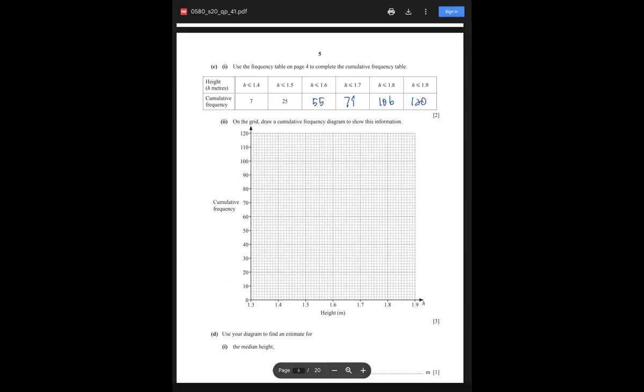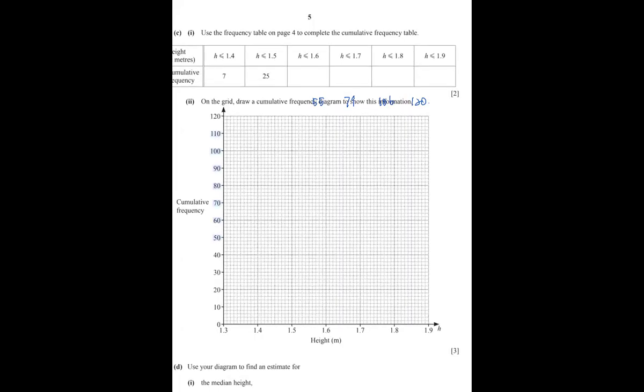Draw frequency diagram. This one is free marks. If you get your plots correct, drawing should be easy. So I'll just quickly do this. Wait, I need to enlarge this a bit. First one is 1.47.